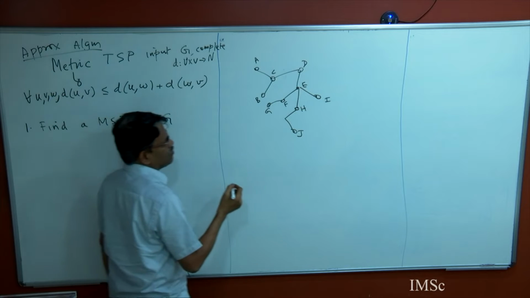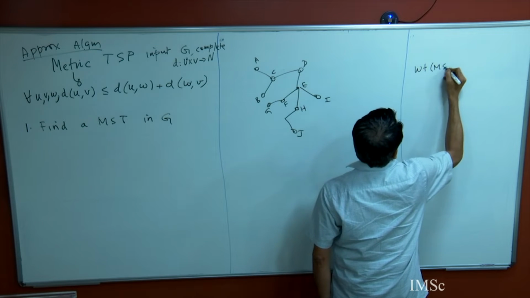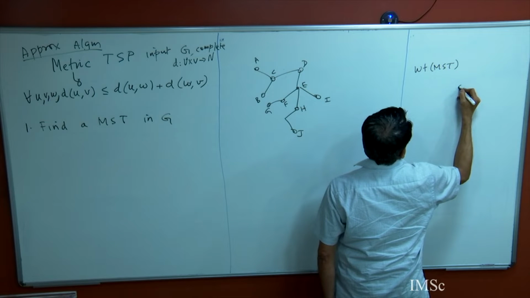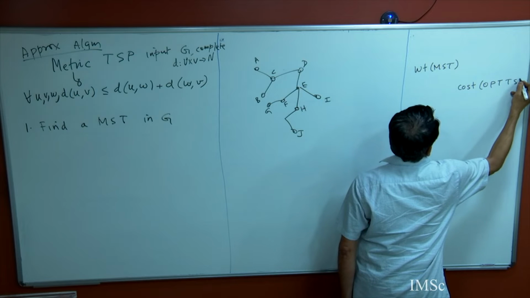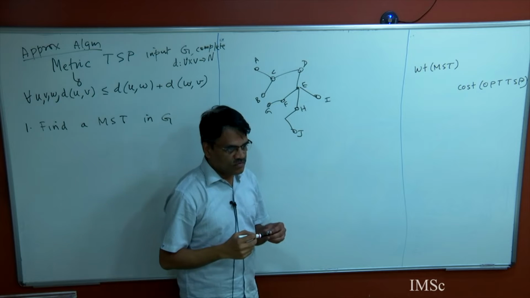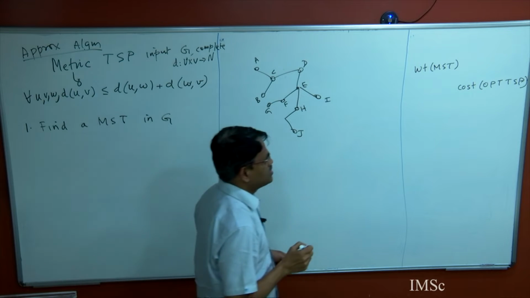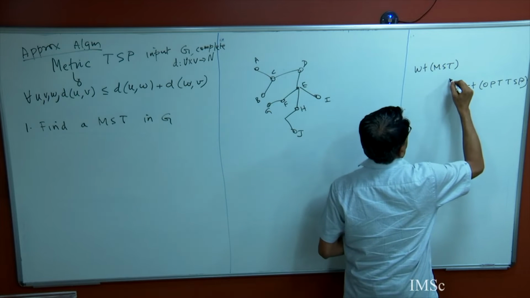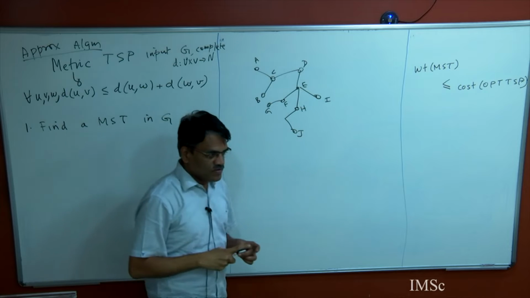So let me write this somewhere here: weight of minimum spanning tree and cost of optimum TSP. Weight of minimum spanning tree is greater than, less than or equal to? This is less than or equal to. Why is that?